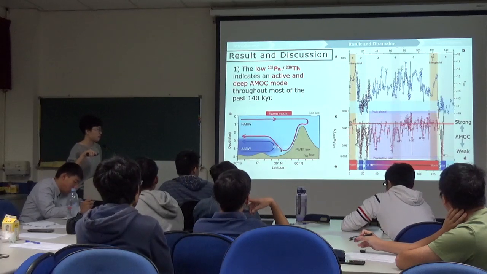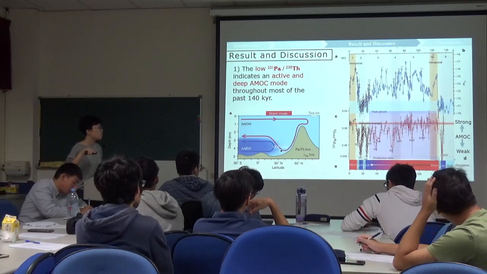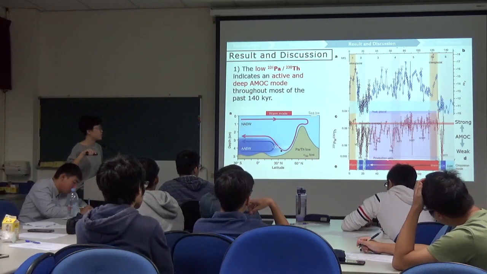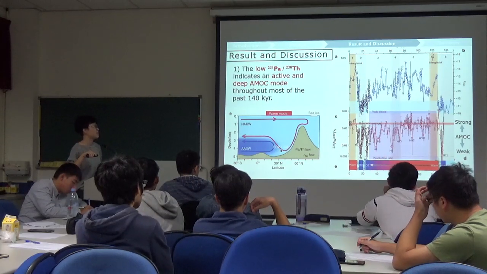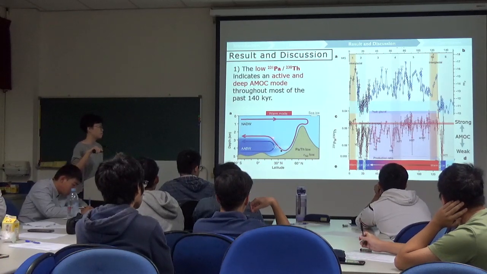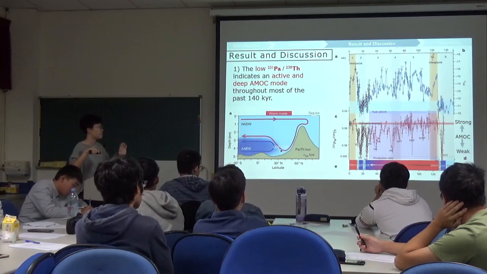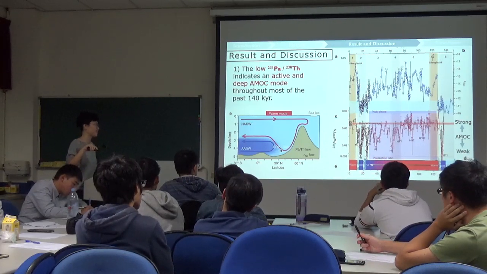Looking at this large area, we can see the protactinium-thorium value is lower than the production ratio. So it indicates an active and deep AMOC mode throughout most of the past 140 thousand years.